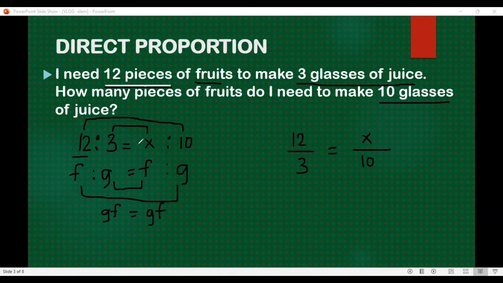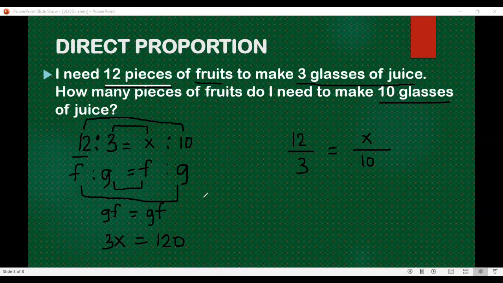Which simply means that if we are going to do it here, 3 times x is simply equal to 3x. And that is equal now to 12 times 10, and that is equal to 120. Now, ask yourself, what will you multiply by 3 to get 120?